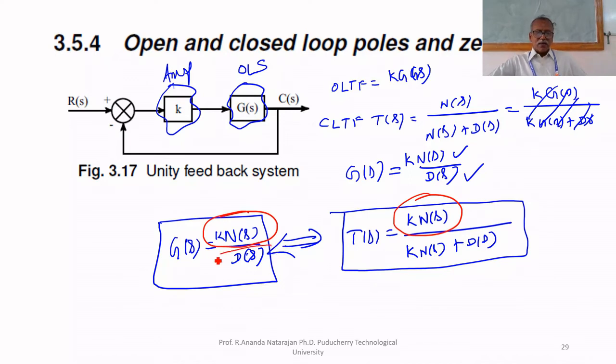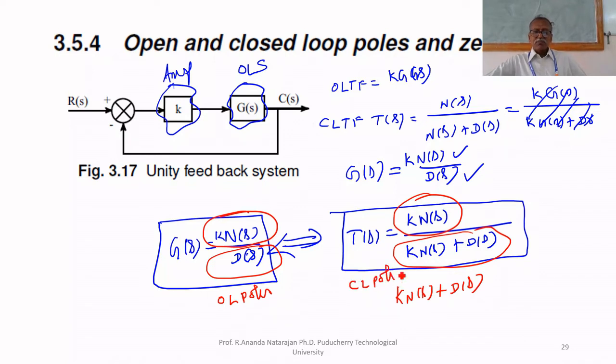But the denominator polynomial is modified. In the open loop system, the denominator polynomial is D of s. In the closed loop system, it is k N of s plus D of s. That is modified. That's why open loop poles are different from closed loop poles. Closed loop poles are moved to different locations.